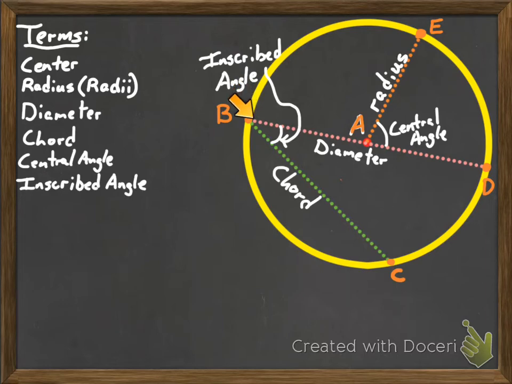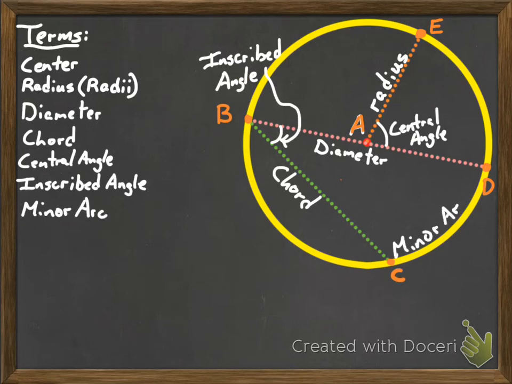Now, for example, we have this inscribed angle, which would be angle DBC. And this inscribed angle happens to be formed by 2 chords. One chord being the diameter, and this other chord here. Now an inscribed angle could be formed by any 2 chords. So you can have a chord that goes like this.